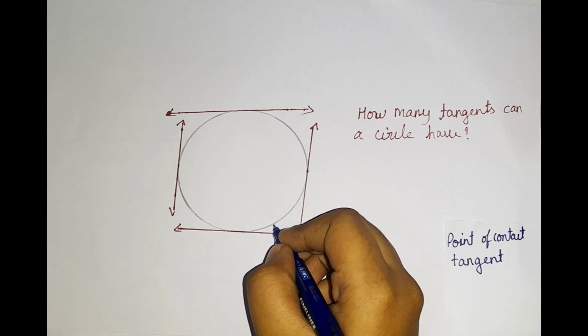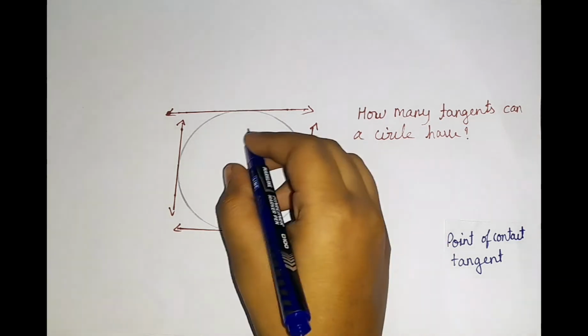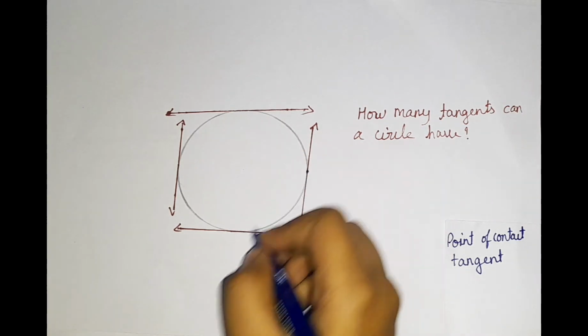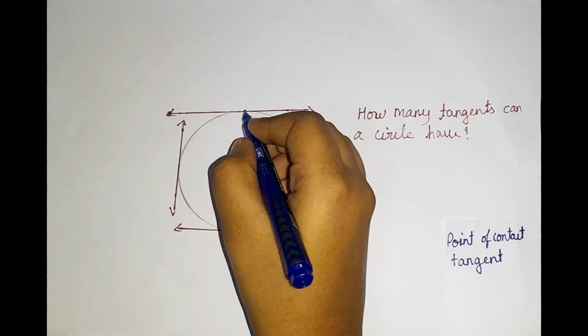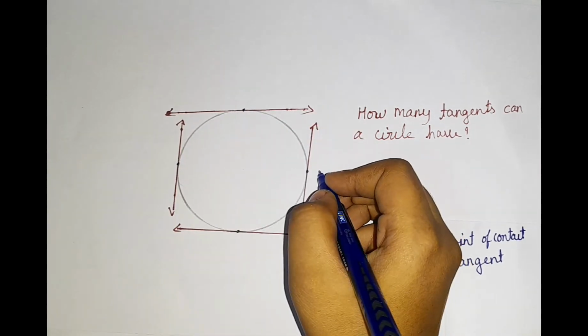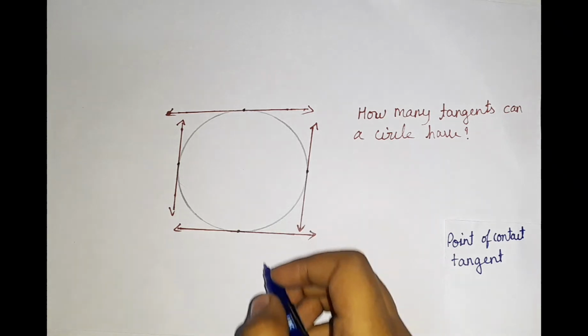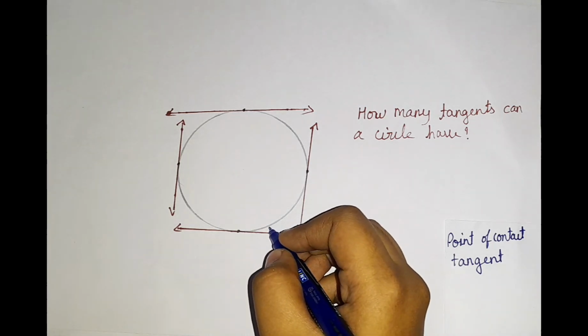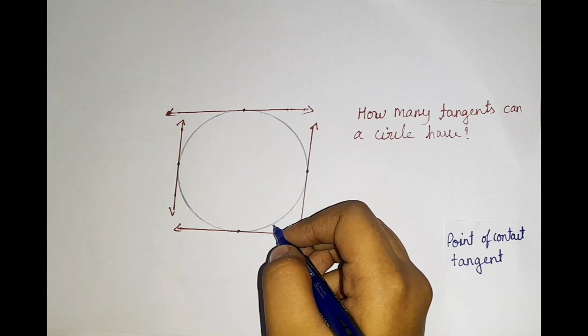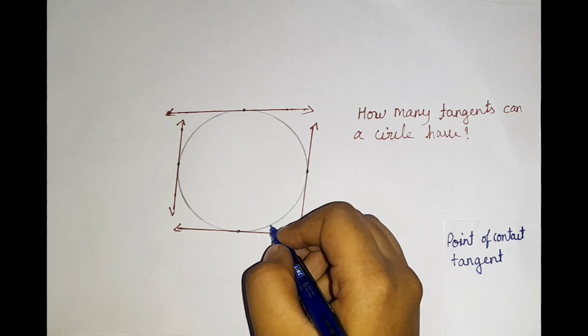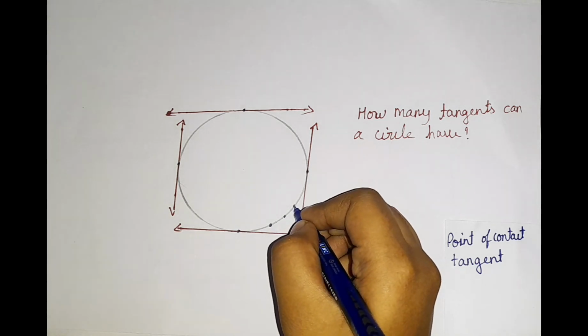So for example, if it is having a tangent, then it is having a point of contact, right? So this is a point of contact, this is a point of contact. So everything is having a point of contact. So here, since you guys know, a circle can have infinite points, am I right? So here one point, here one point, here one point, here one point.